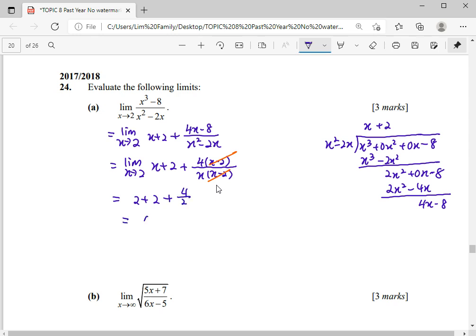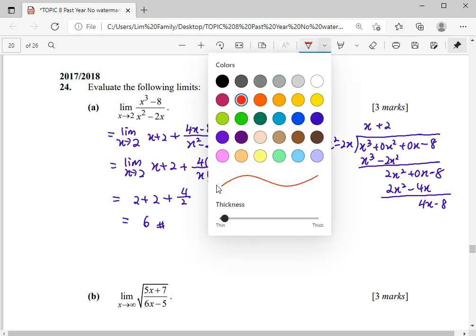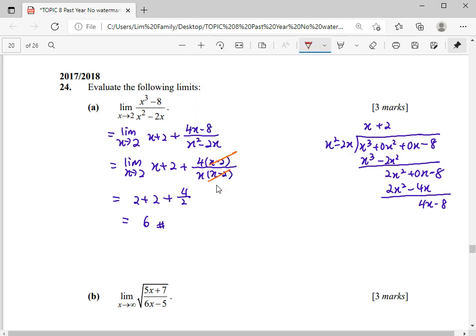It will be the answer of 6. So this is our concept of simplifying, and then approaching the value of the limit as x approaches 2, and getting the answer for this limit of a function where x approaches a point, 2.